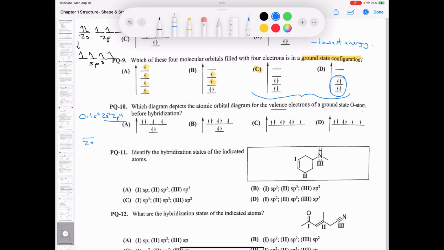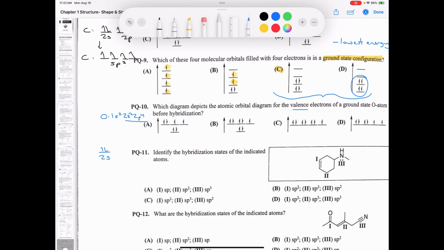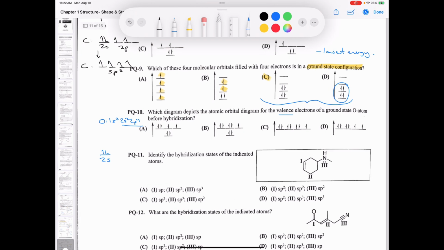So we have 2s2, and then for the 2p, we have 3 degenerate 2p orbitals, and then we have 4 electrons in them. So the one that would obey this would be A. So A is what we have here. Again, this would be the 2s, and this would be the 2p. And this, of course, is the electron configuration of oxygen.